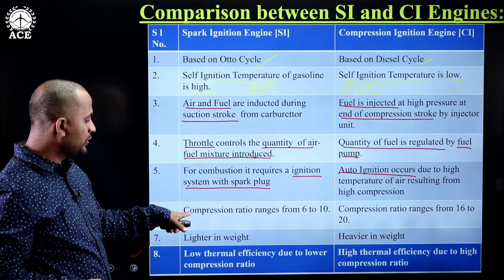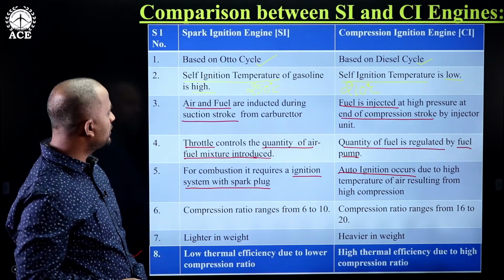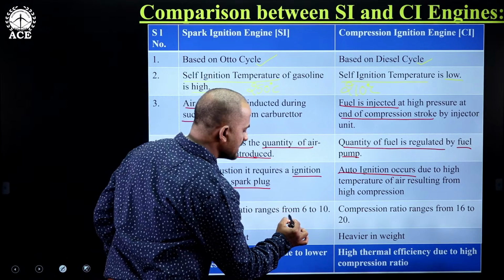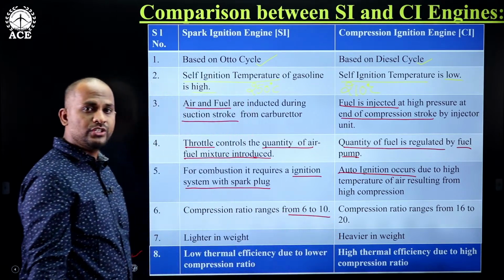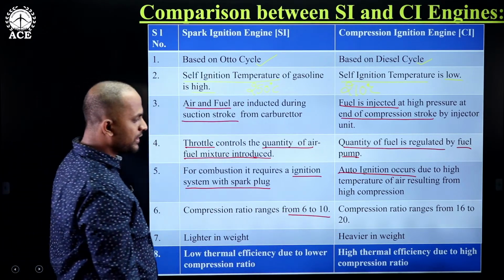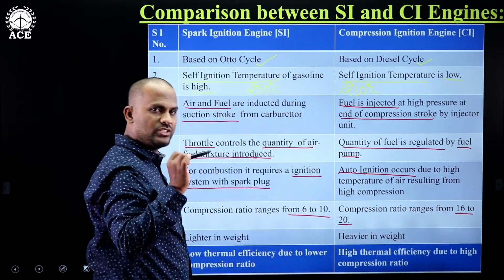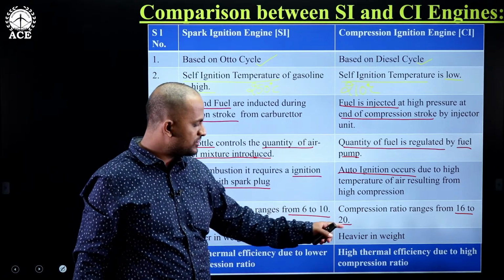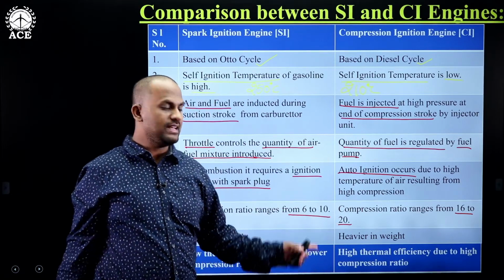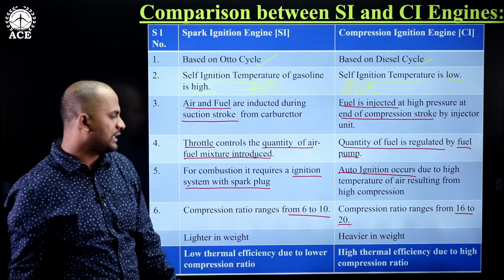Now the next one is with respect to compression ratio. The compression ratio of SI engines ranges from 6 to 10, whereas for compression ignition engines it ranges from 16 to 20. Why is it less for SI engines and more for diesel engines?